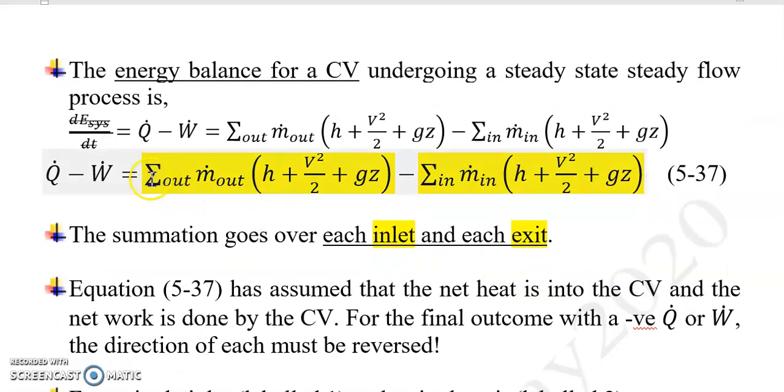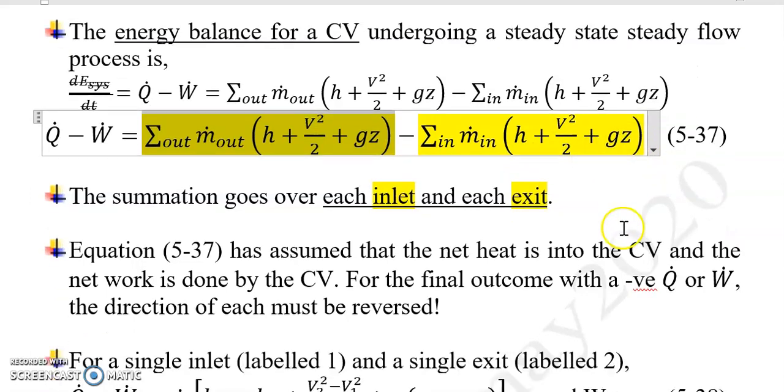So this term here means if you have, let's say, the simplest two exits, you have the mass flow rate at the first exit multiplied by the properties at that exit, added to the mass flow rate at the second exit and the properties at the second exit, minus, and similarly done for this term at the inlet.